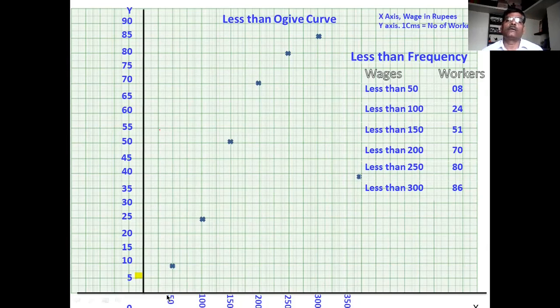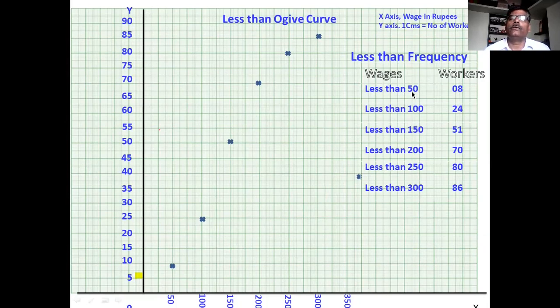In the first two graphs, histogram, frequency polygon and frequency curve, the value is recorded at the mid value, but in the less than curve, the value is recorded at the edge, the end value, at 50.